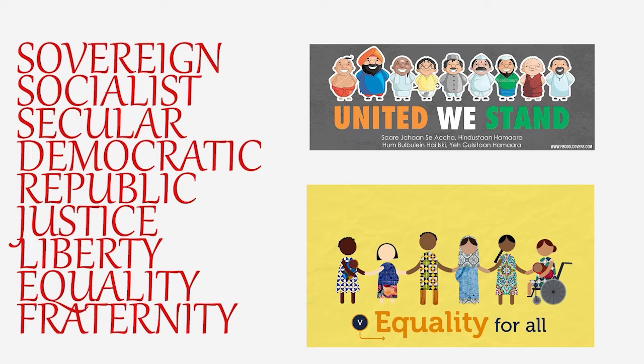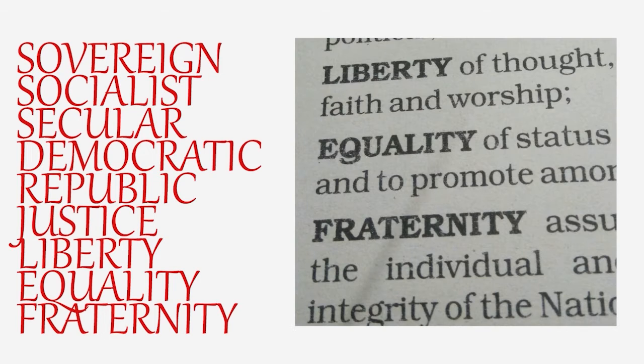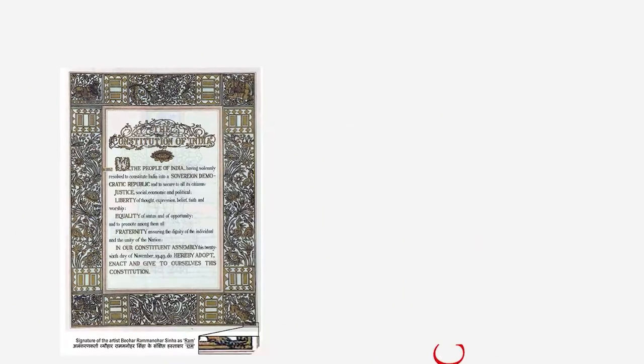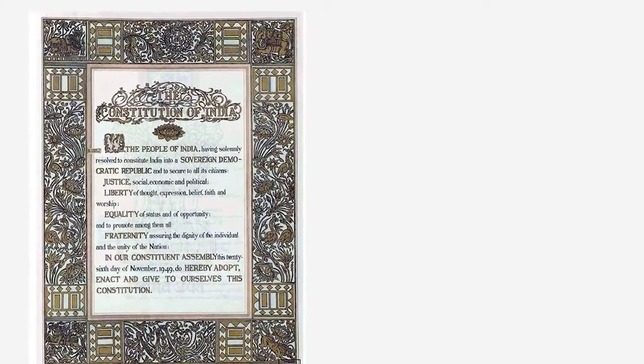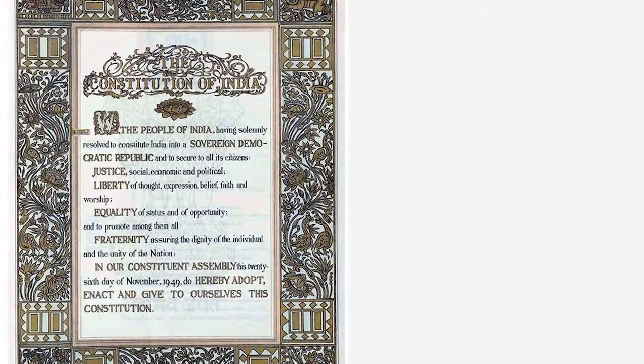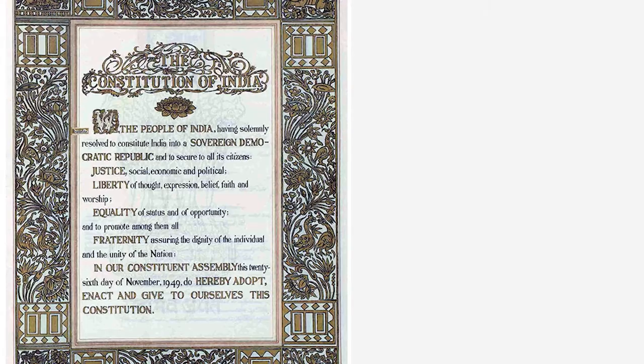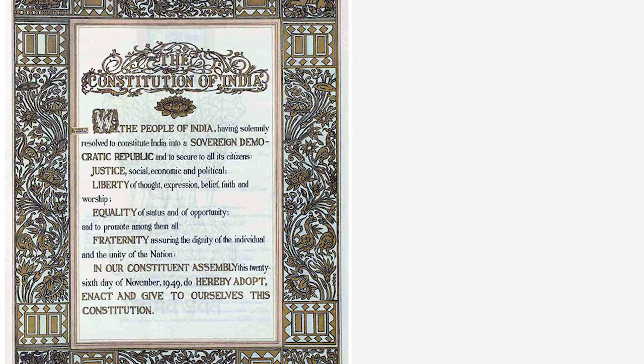So, liberty, equality and fraternity have also been made ideals as they form a union of trinity, in the sense that to separate one from the other is to defeat the very purpose of democracy. In the original constitution, the preamble did not consist of the words socialist, secular and integrity, although the spirit of the constitution was secular.